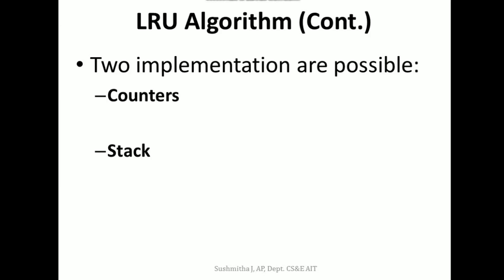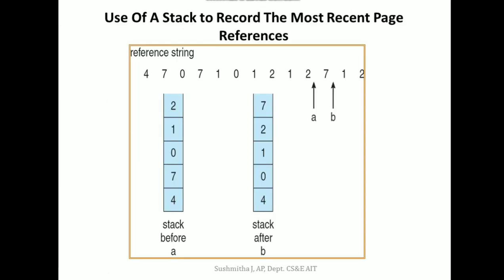The other one that we have is using a stack. So what do we do using a stack? We maintain the recently referenced page on the top of the stack. Whenever a page is used, that page shall be put on the top of the stack.